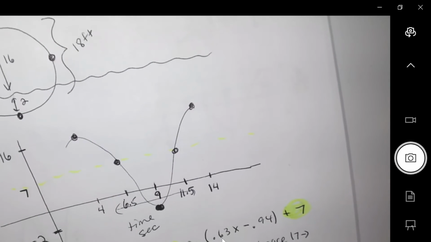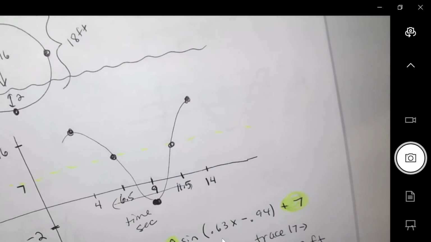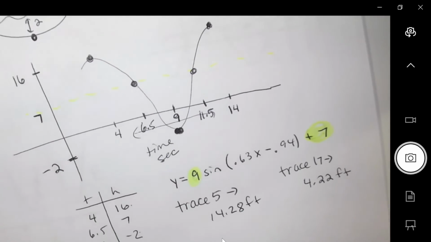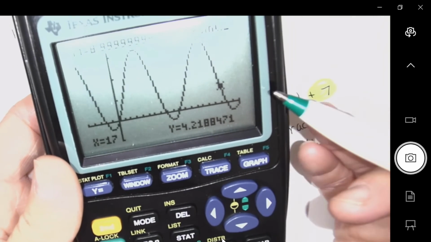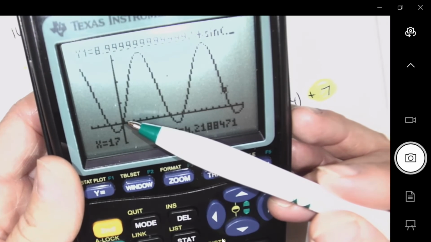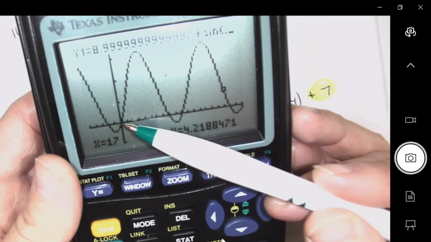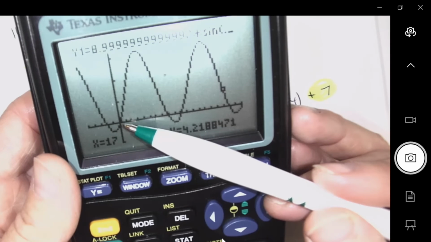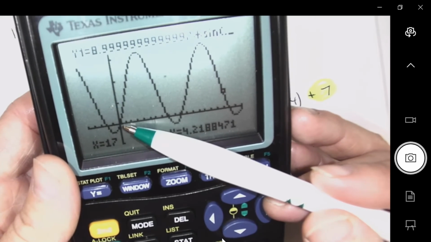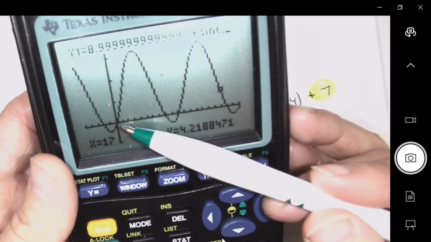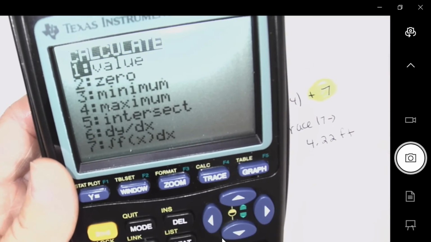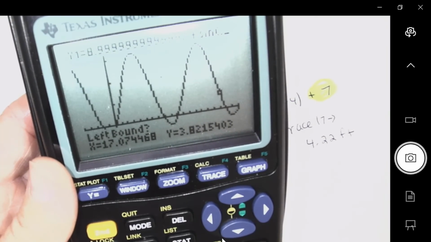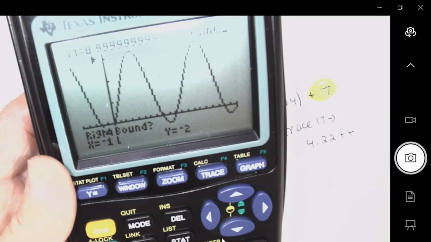The last question says, what is the first positive value where you're going to be going out of the water's surface? Okay, so can you see on my chart, the first time I ever go out of the water's surface, is there a cross at this axis that's positive? Let's see. So I want to calculate a what? A 0. Second, calculate a 0. Left bound, right bound.